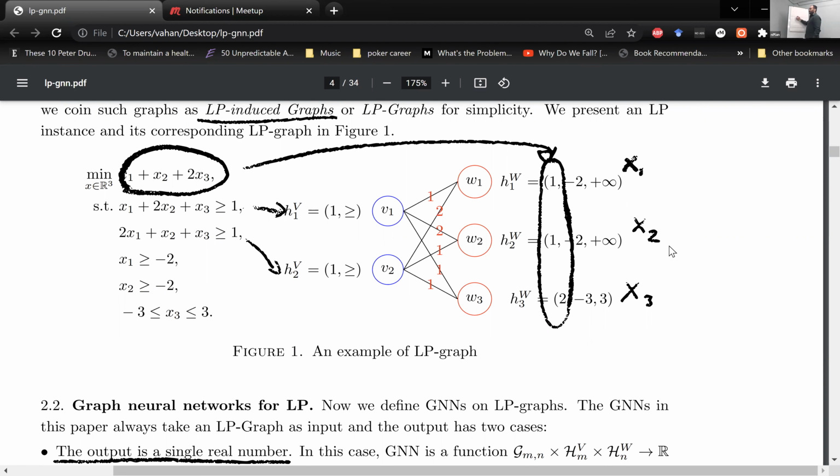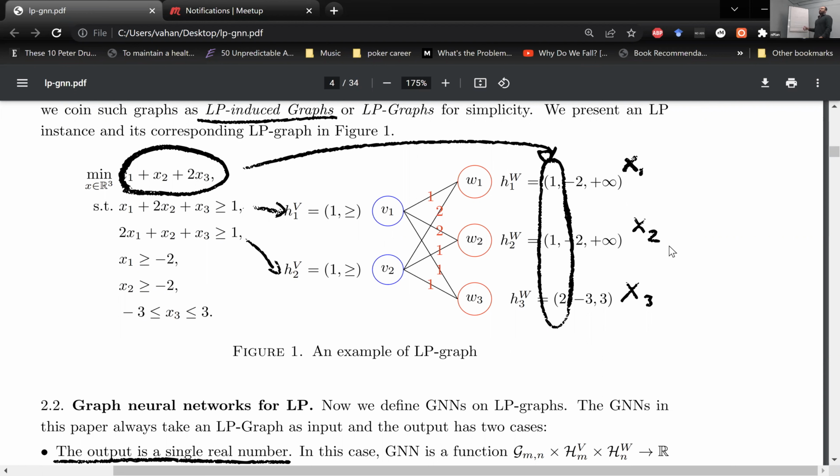So if you put constraints here, and variables here, it makes sense that constraints shouldn't be connected to each other, variables shouldn't be connected to each other either. But each variable appears in a constraint, so there is a link.